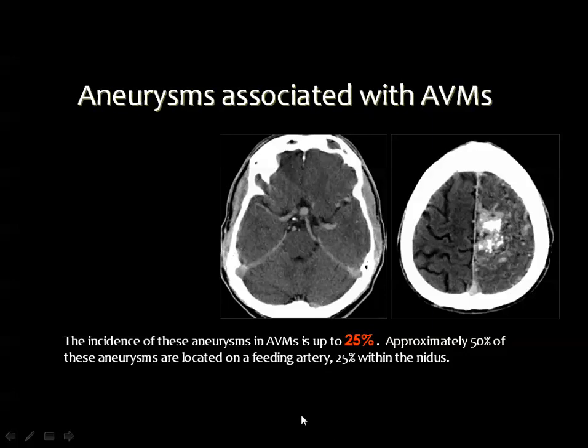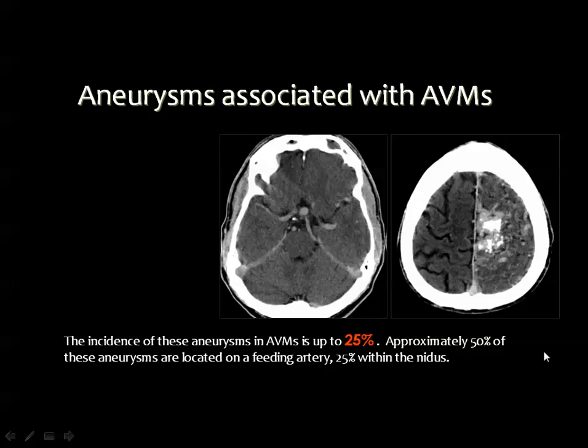Both can occur in the same area in the same patient in about 25%. And approximately 50% of these aneurysms are located on the feeding artery, while 25% are located within the nidus of the arteriovenous malformation, as we will discuss with this abnormality just later on.